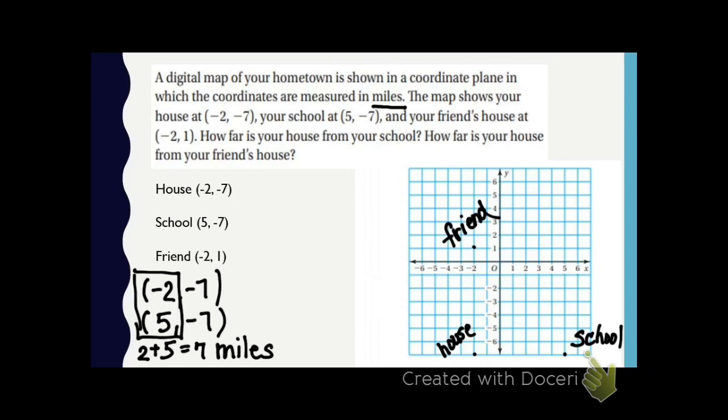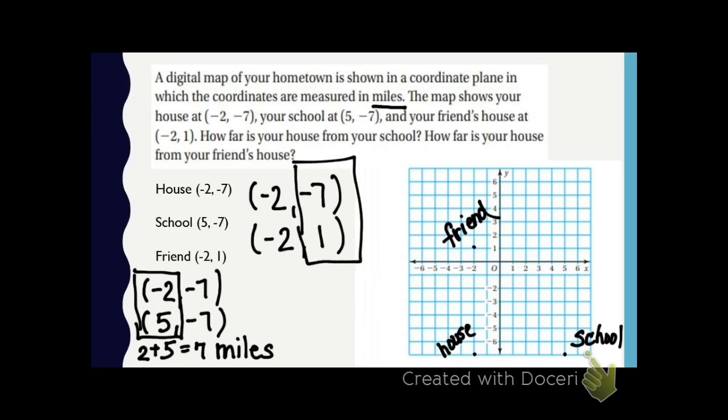All right, now they want to know how far your house is from your friend's house. I'm going to write my two coordinates down. For my house, it's -2, -7. For my friend's house, it is -2, 1. This time, which coordinates are different? The y coordinates are different, so I'm going to use those. Are they in the same quadrant? No, they're not.